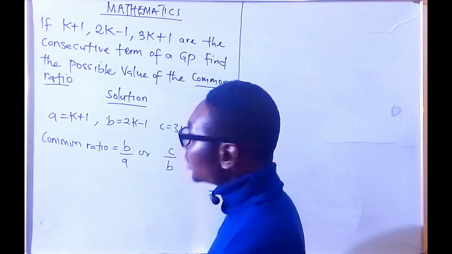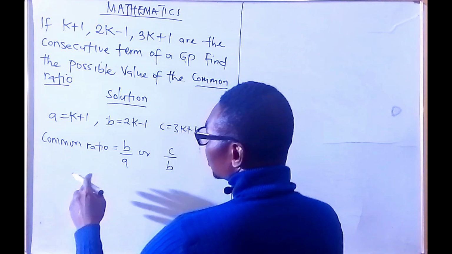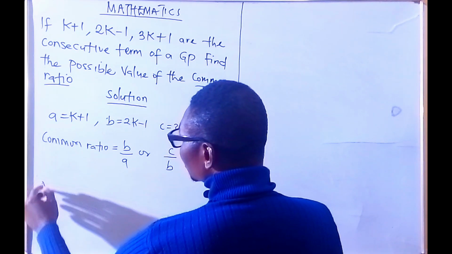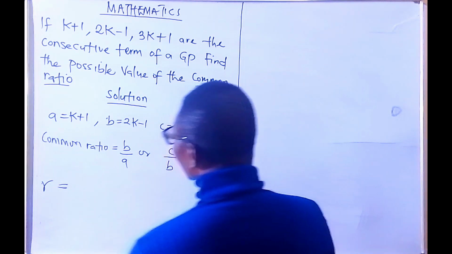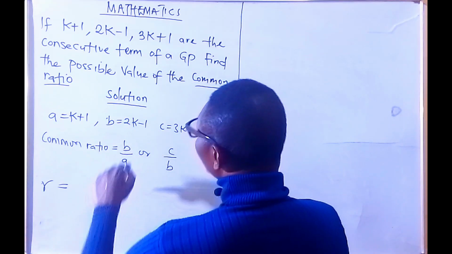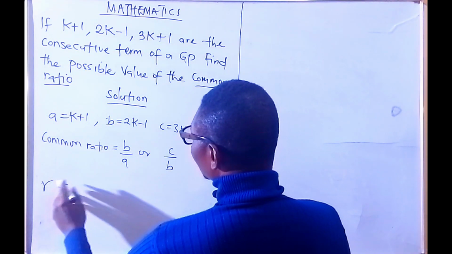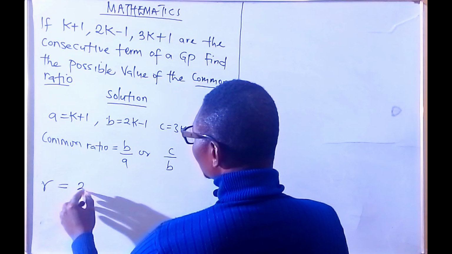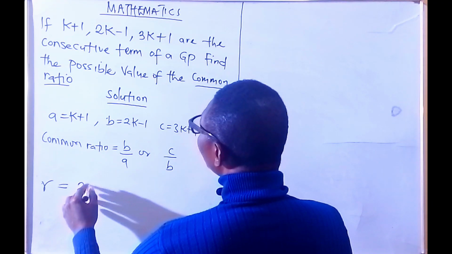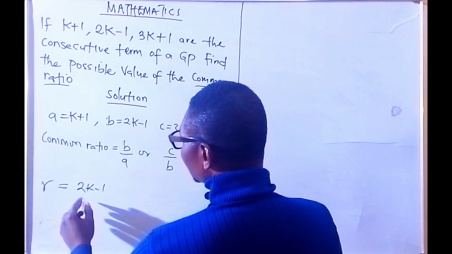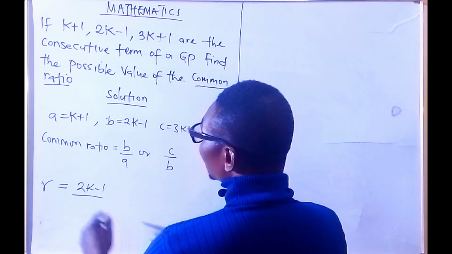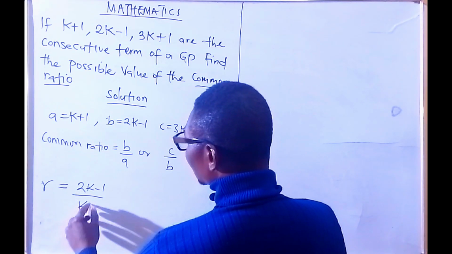By the second term. Now, finding our common ratio, we say b, the second term, divided by the first term. So we now have 2k minus 1 over the first term, which is k plus 1.